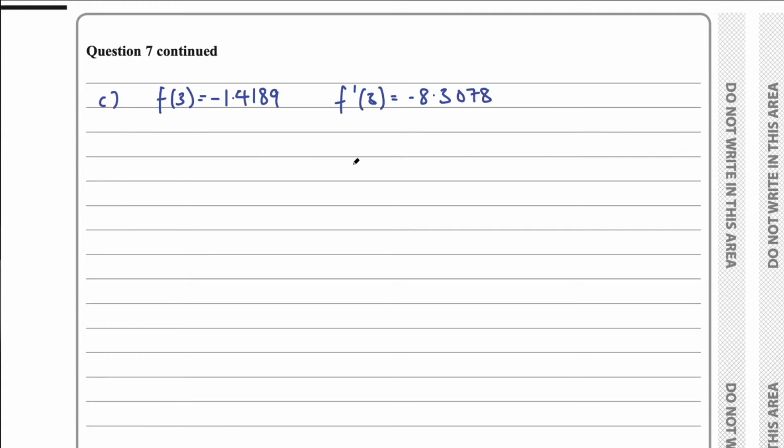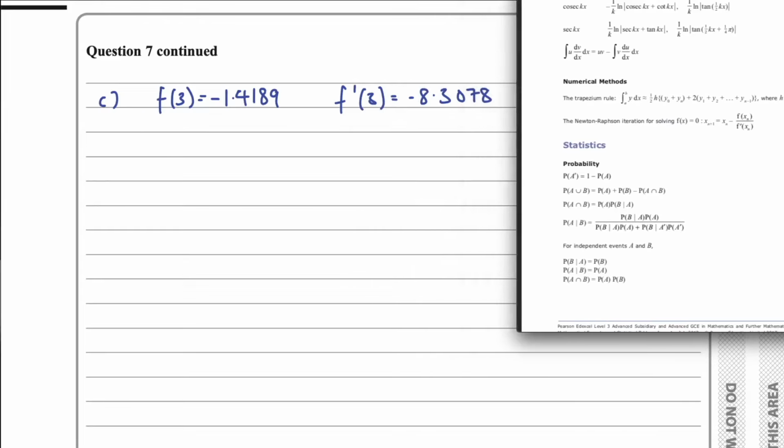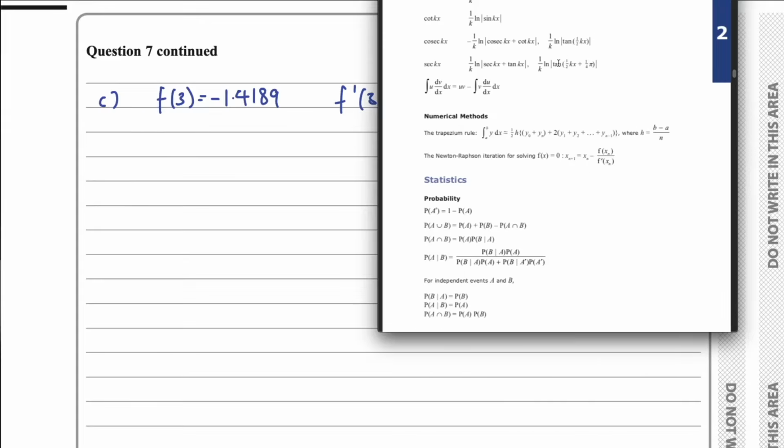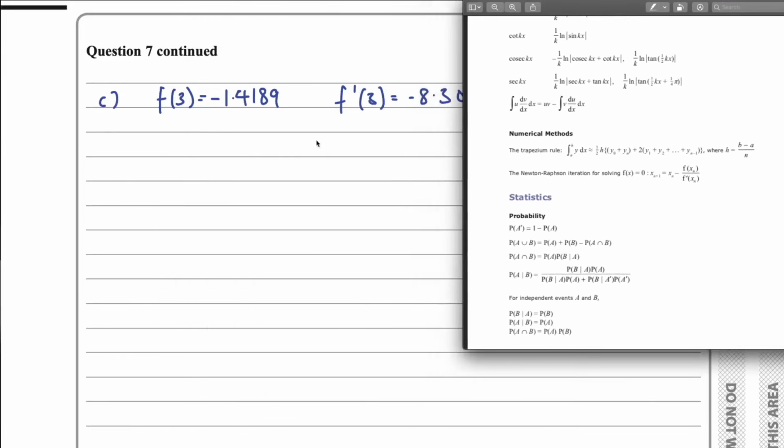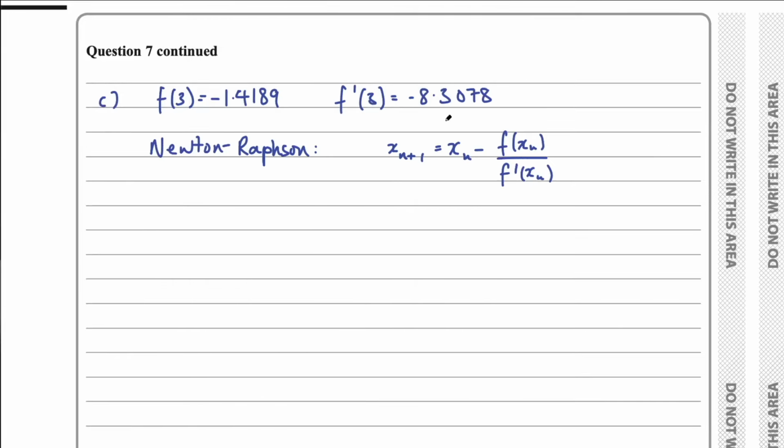Okay, so the Newton-Raphson method formula is in your formula booklet under numerical methods. So luckily that's one less thing you have to memorize. So let's just go ahead and write this down. So the Newton-Raphson method says the next iteration, x sub n plus 1 equals x sub n, take f of x sub n divided by f dash of x sub n.